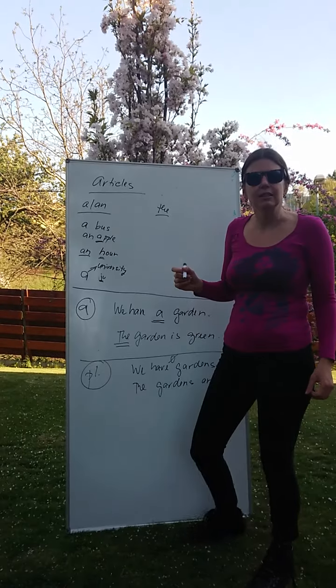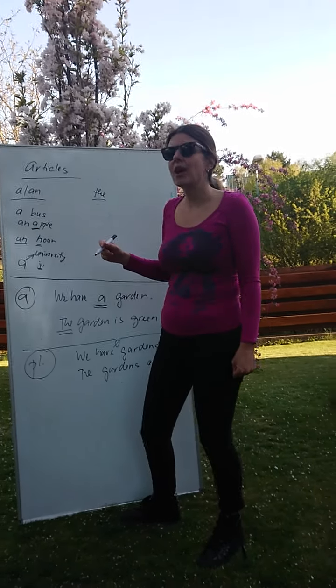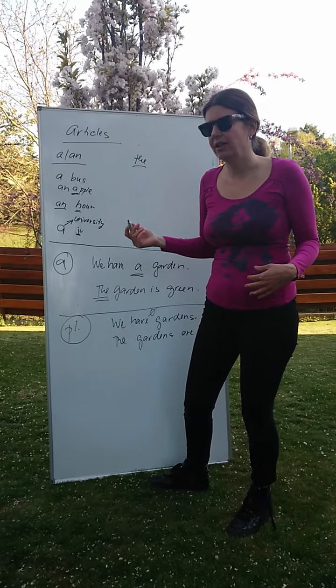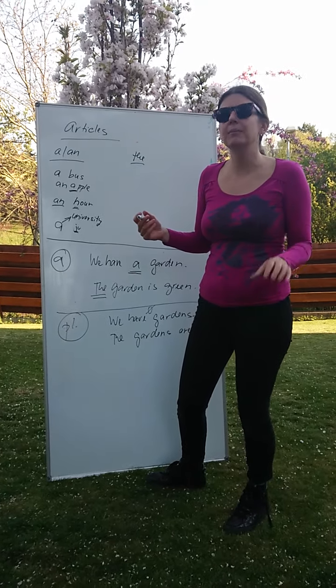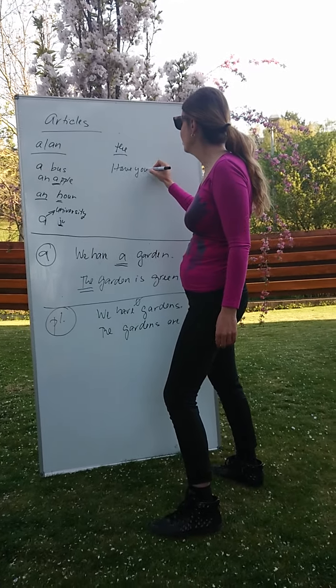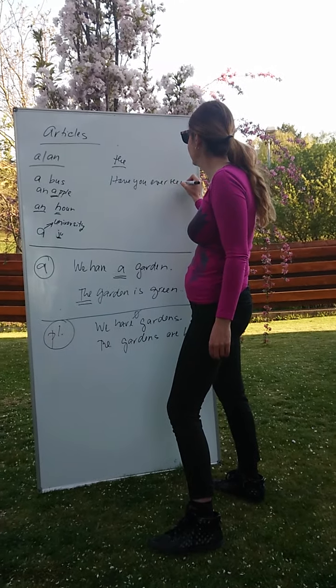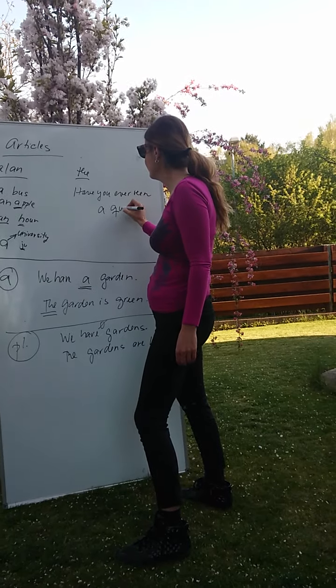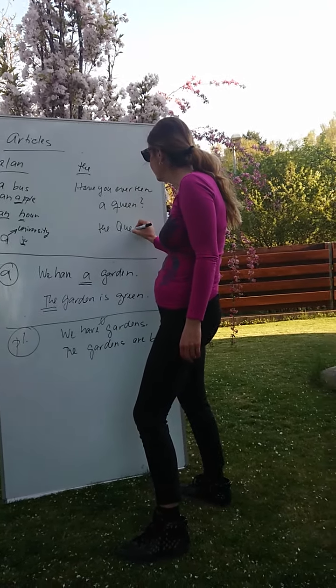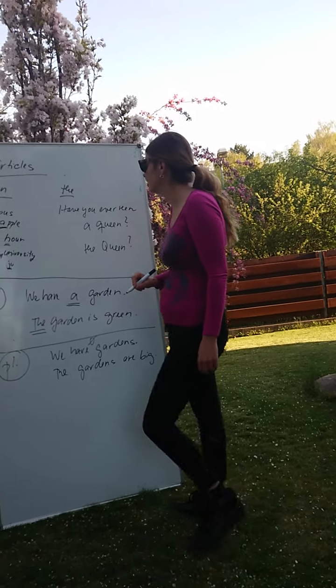When I say the sentence in English, have you ever seen a queen or the queen? There will be a very big difference in the meaning, because when I say, have you ever seen a queen or the queen, here would be maybe even a big capital letter.